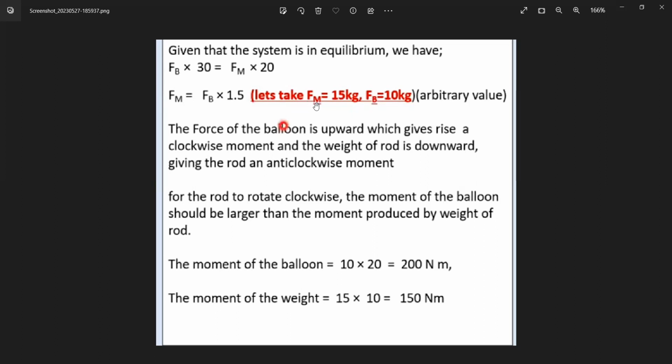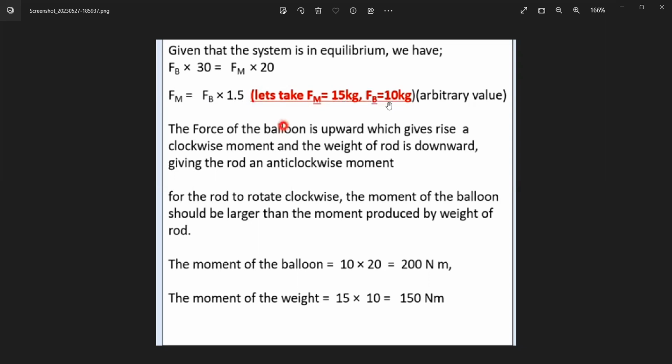The object which is hanging downward, we take as an assumed mass of 15 kg, and the mass of the balloon is taken as 10 kg. These are arbitrary values, not fixed, but we have taken them by this ratio because it is a 1.5 ratio between the two masses. The balloon mass is given as less than the mass of the object, so one is taken as 10 and one as 15.